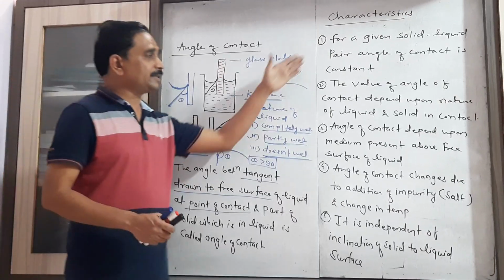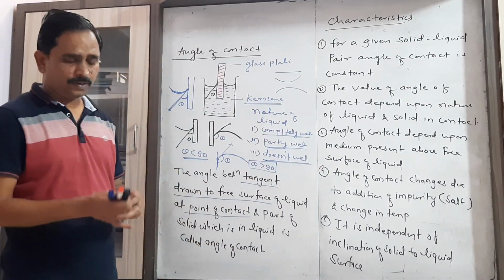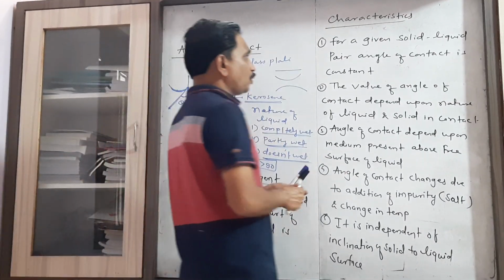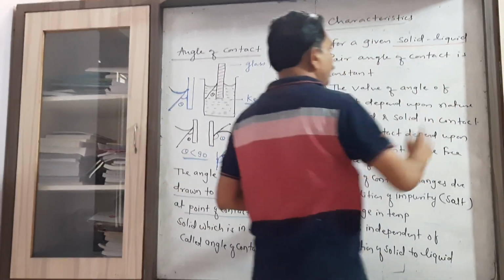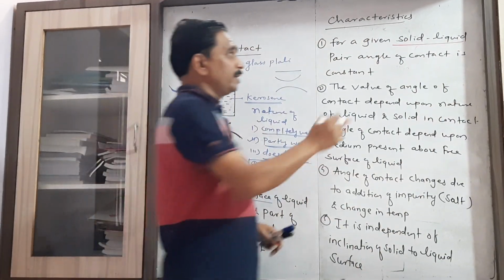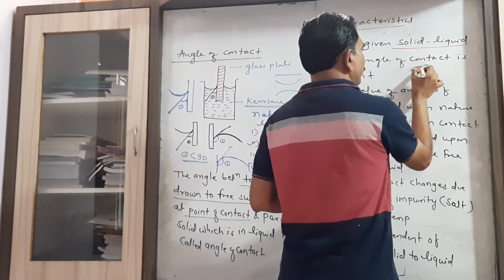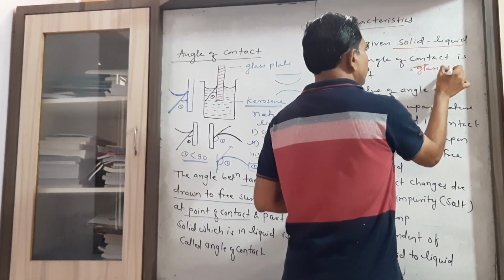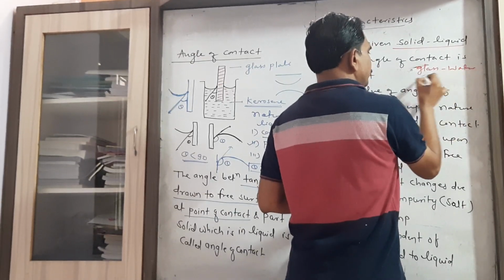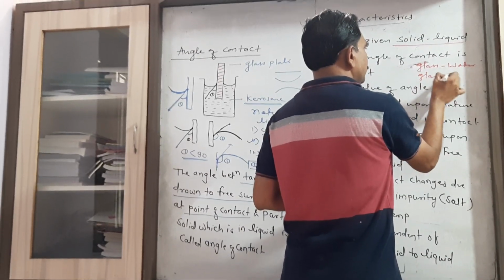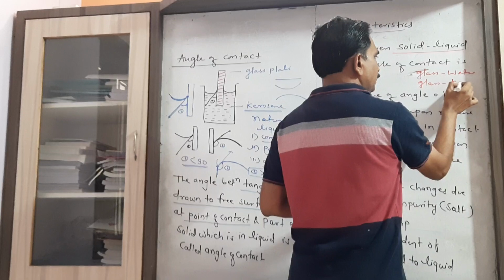Now let us consider some characteristics. The first one: angle of contact is constant for the given solid-liquid pair. It means what? It is always constant for glass and water. It is constant for glass and kerosene.